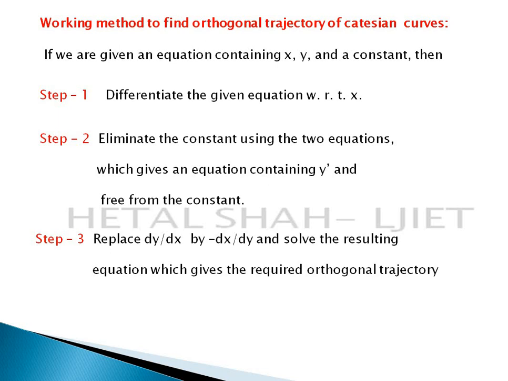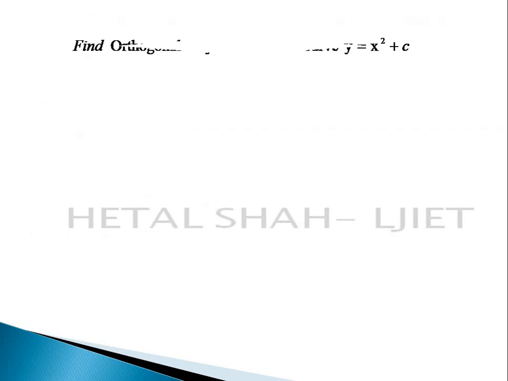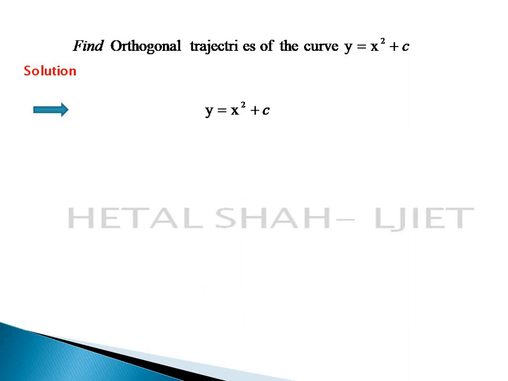So let's start with one example. Find the orthogonal trajectories of the curve y equal to x square plus c. This is our given equation. The first step is differentiation of the equation with respect to x, that is dy by dx is equal to 2x. Here c is an arbitrary constant.